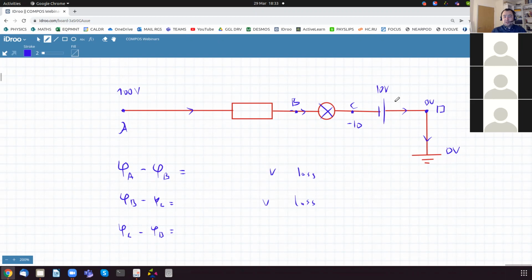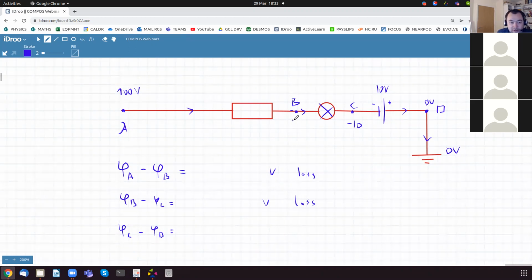If there's no internal resistance, the potential difference across the battery is always the EMF. And if this is 0, and we know that the battery has 10 volts higher. Okay, maybe I'm going to do it. Okay, let's keep it this way. I don't want too many changes.